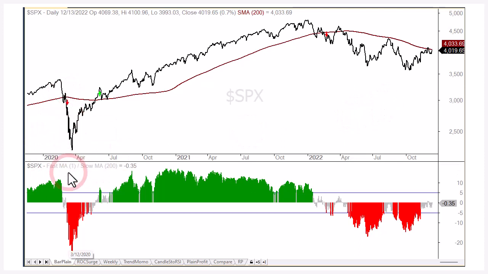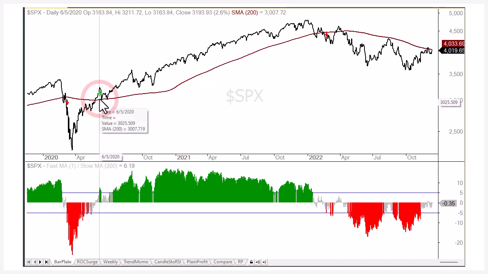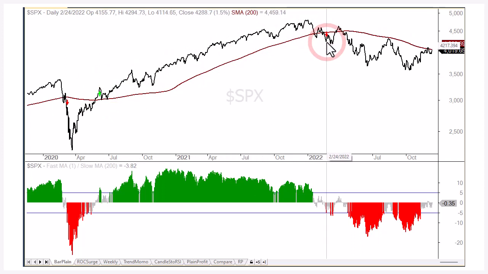You can see on the histogram at the bottom, when you go 5% below the 200-day, it turns red, and when you go 5% above, it turns green. We had a signal there in early June that lasted a long time, and we had a signal in late February 2022. So we're currently in a downtrend, and this indicator wouldn't signal until we get 5% above the 200-day.